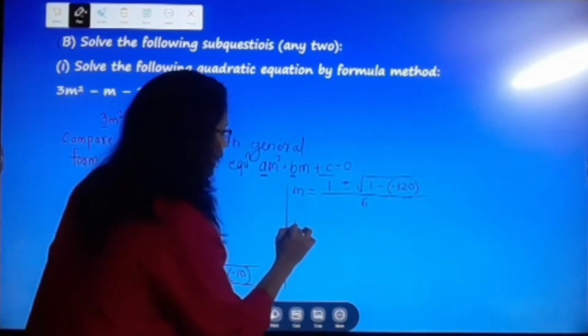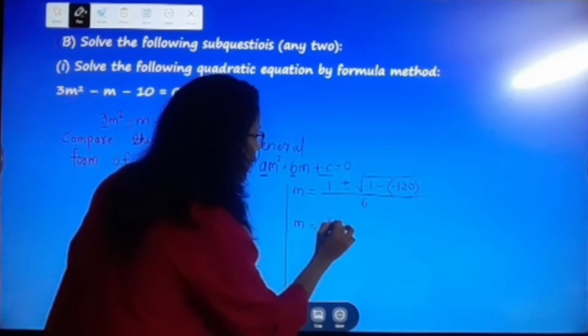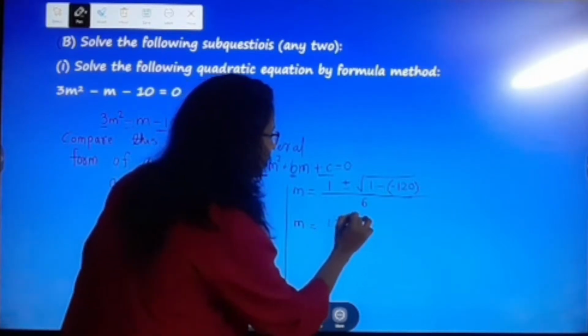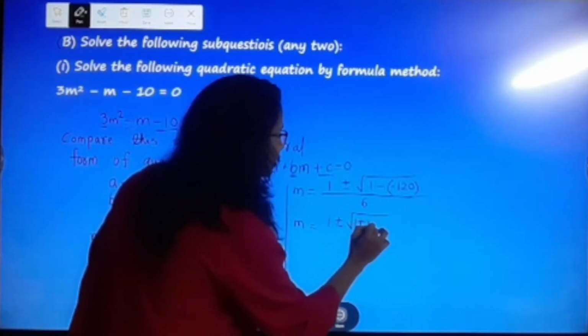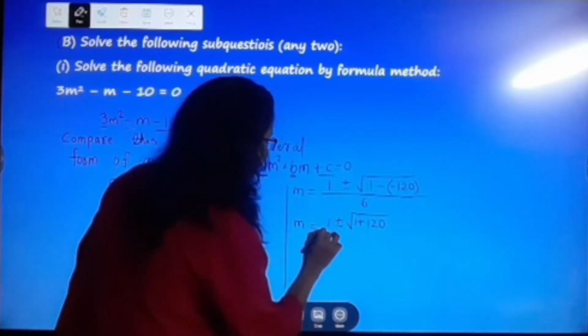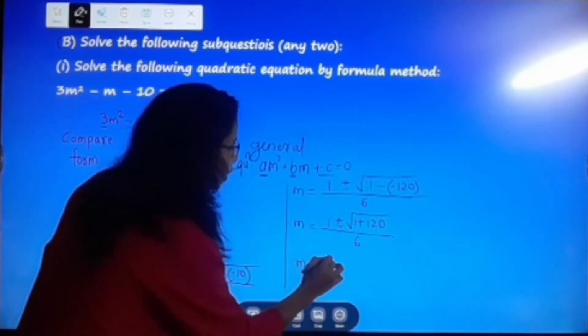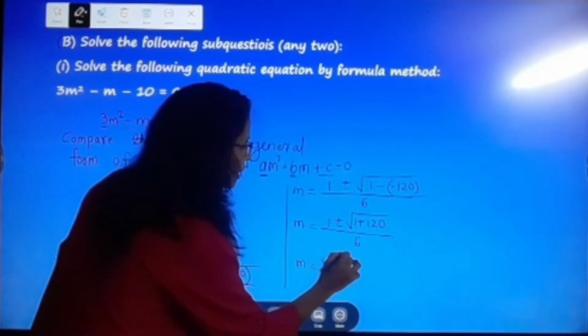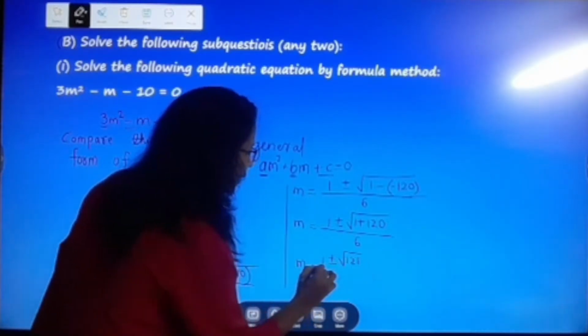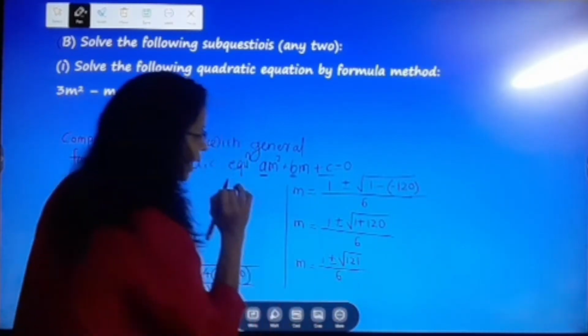Okay, and then m is equal to 1 plus or minus in the square root 1 plus 120 divided by 6. So here m is equal to 1 plus or minus in the square root 121 divided by 6.